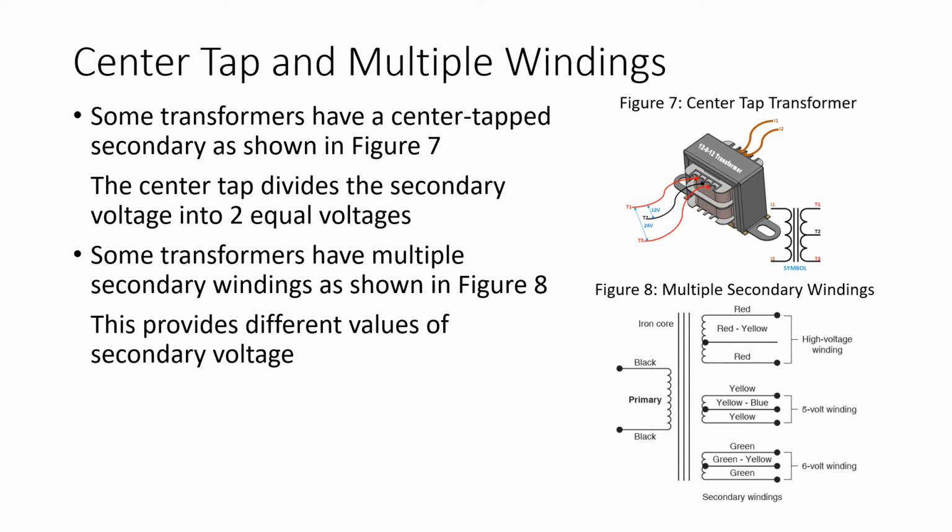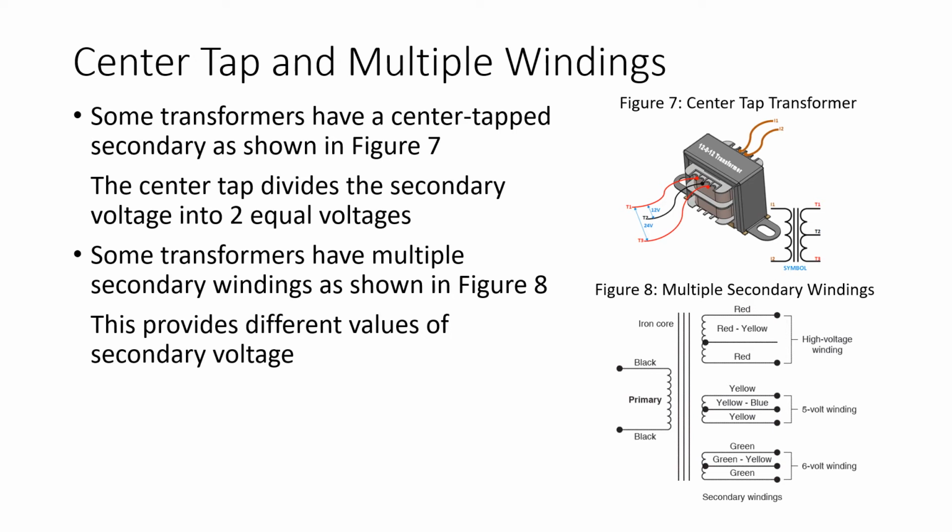Now, you will encounter some transformers that have multiple secondary windings. And all this means is there's multiple coils of wire wrapped around the core material to provide voltages for the secondary. And as you can see from figure 8, they do this so that we can obtain or provide different levels of voltage for different circuit requirements.